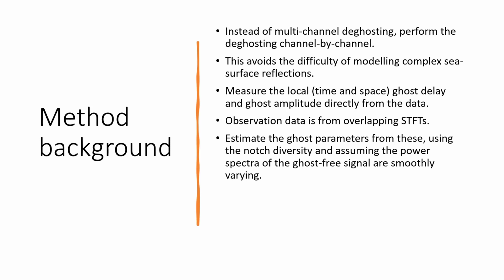We can estimate these ghost parameters, the reflection coefficient, etc., because we can use the notch diversity. The notch jumps around enough that we've got enough diversity to estimate the parameters, and we've also got the fact that the power spectra of the ghost-free signals are smoothly varying, which helps us. I'll explain this more later.